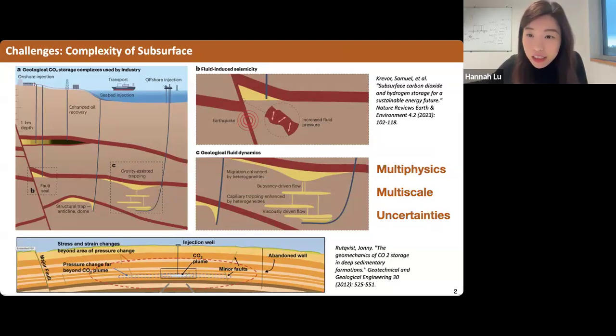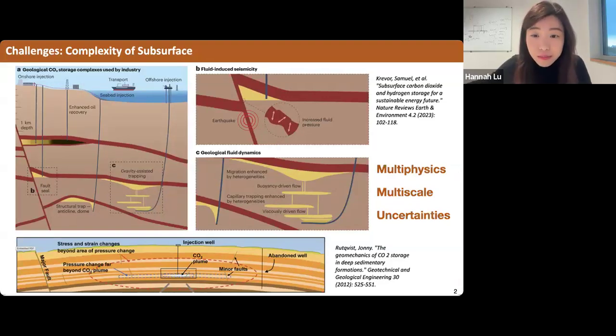Even without active chemical reactions, the process has multi-physics phenomena with multiple phases of oil, gas, CO2, and water. In the critical zone, we need to consider multi-phase flow coupled with geomechanics to assess the risk of induced seismicity. And with different geological formations, there will be structural trapping and gravity-related trapping.